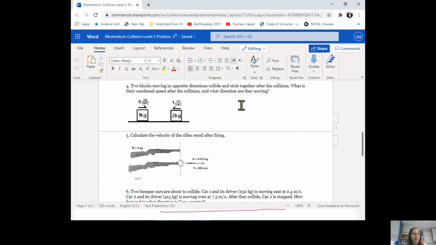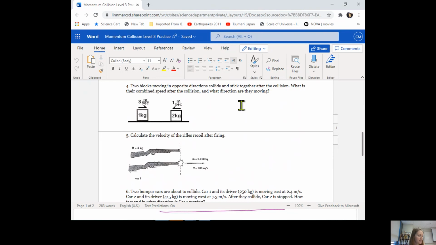Because they're going in opposite directions, you need to assign one of the blocks a negative velocity. And usually when you read an equation, you choose the initial block as a positive direction and the second block as a negative direction. Not that that's how you have to do it, but that's just usually the default when you're reading a problem like this. So block 1 would have a positive velocity of 8 meters per second, and block 2 would have a negative velocity of -1 meter per second.